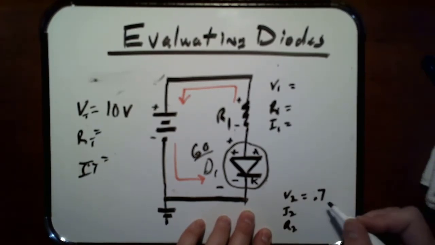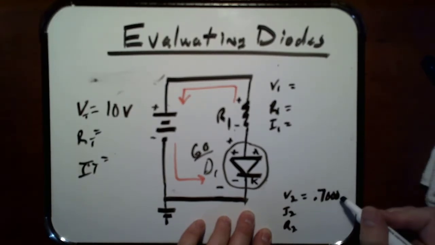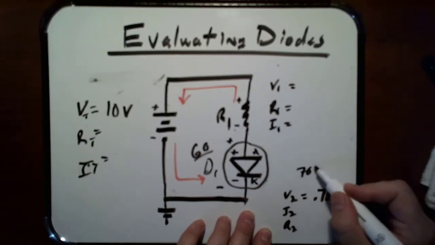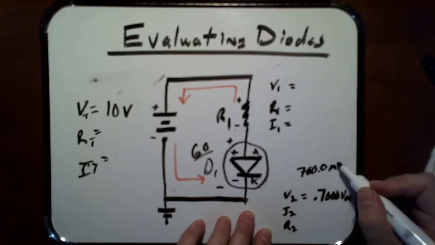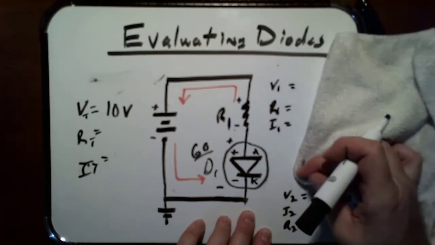Over here, even on your sheets, you can express volts as 0.7 volts. This is one of the only okay times where I'm going to be okay with you saying something is 0.7. Technically, it should be 700 millivolts, but I don't want to have millivolts and volts all over this.